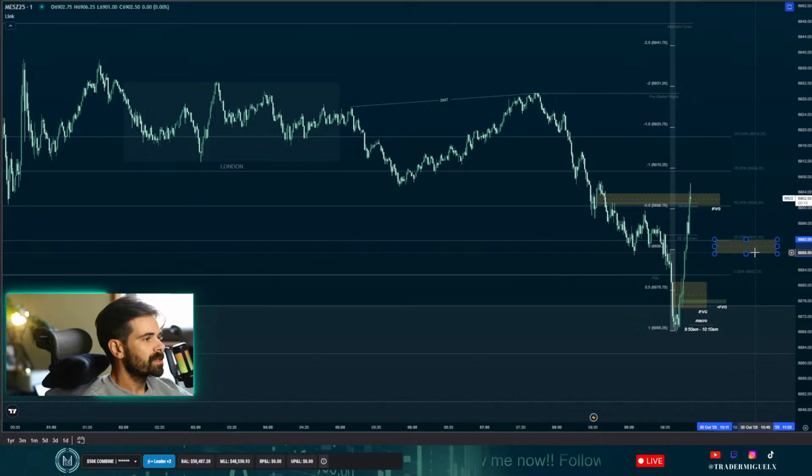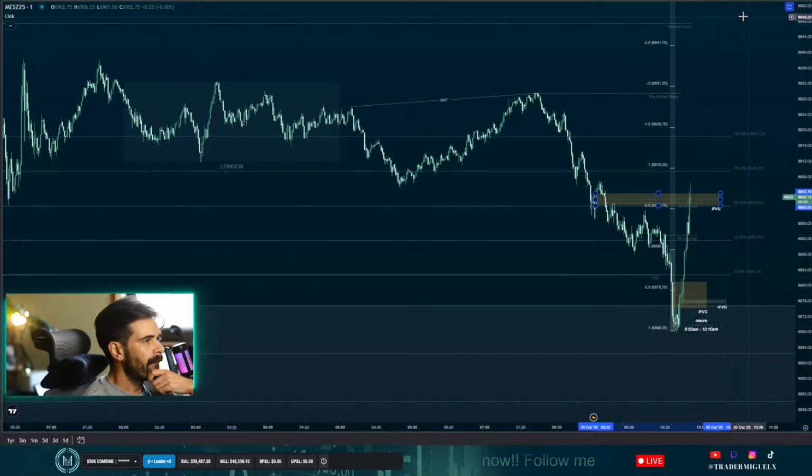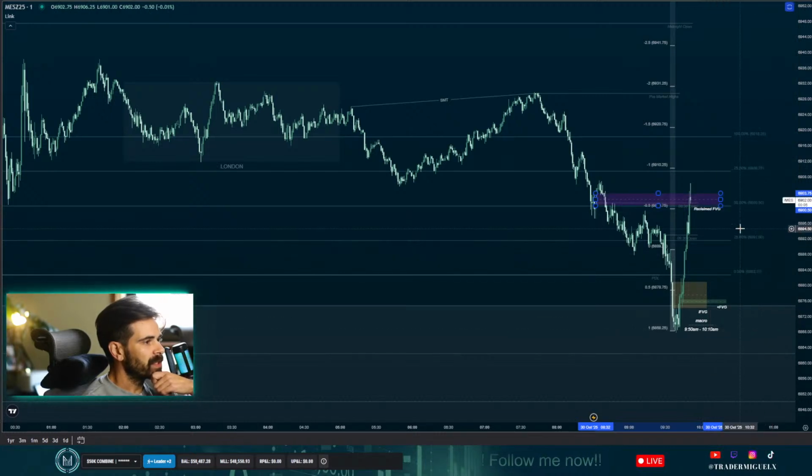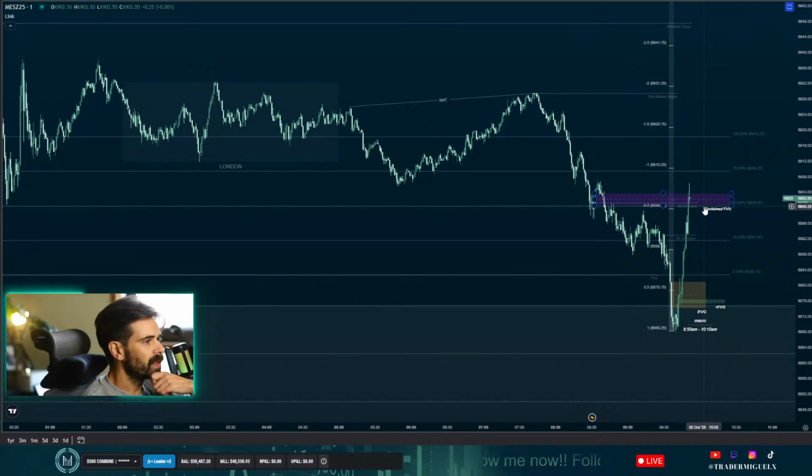Yeah, we'll take this out for now. Would like to see this one be reclaimed as a bullish fair value gap. That would be nice because we are right now at the midpoint of the daily wick, and it has 8:30 open as well. We have another fair value gap here as well, right at the 50%.